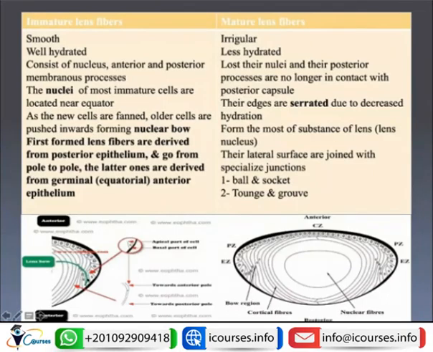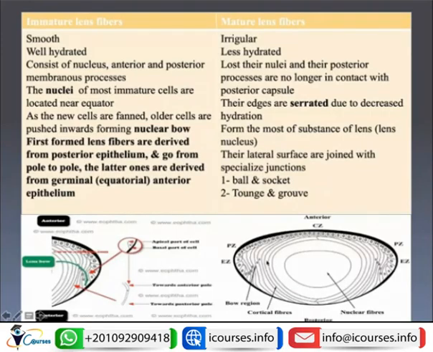But as the lens fibers are compressed toward the inside, the mature lens fibers lose their attachment to the posterior capsule. So here are the superficial fibers or the immature lens fibers, and here are the mature lens fibers. As you can see, the mature lens fibers have some changes. One of the changes is that they lost their attachment to the posterior capsule.